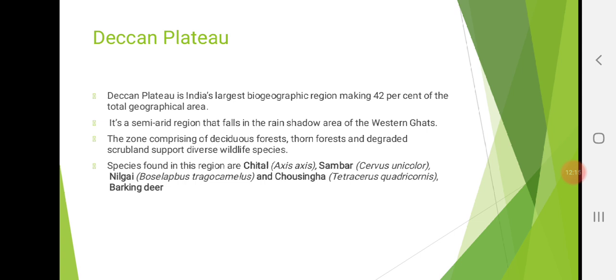The zone comprising deciduous forest, thorn forest, and degraded scrubland supports diverse wildlife species. Species found in this region are chital, sambar, nilgai, chausingha, and barking deer. These are the species found in this region.